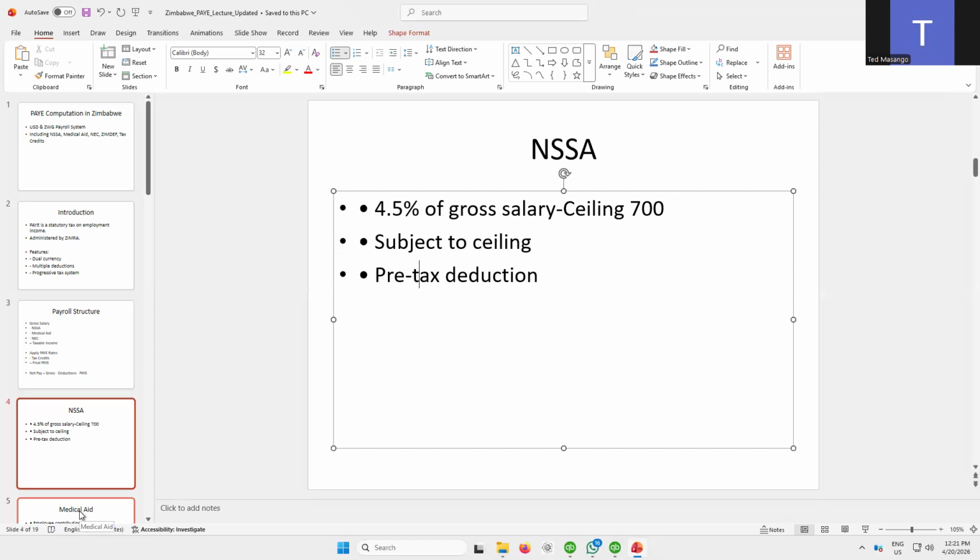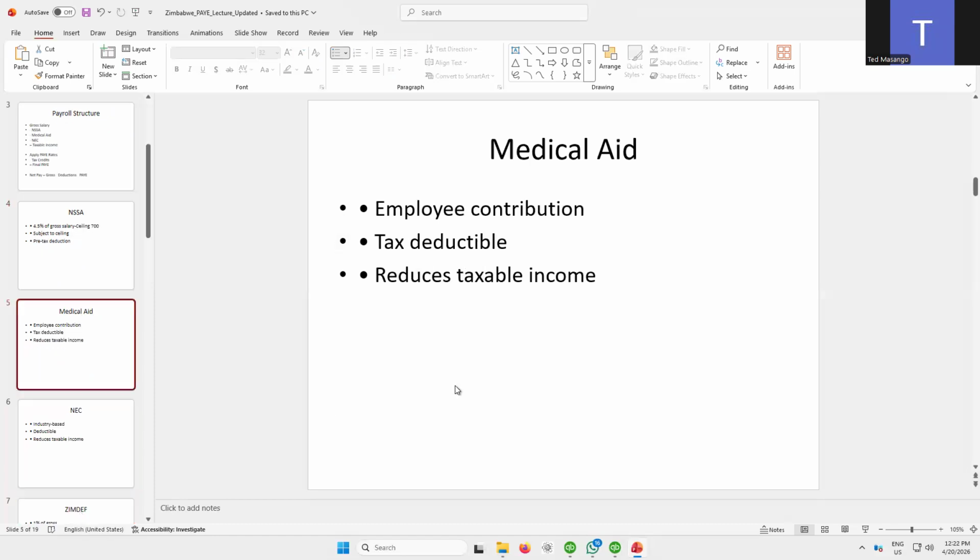Let's go to medical aid, which is the next slide. Now, on medical aid, you are deducting the employee contribution. Normally companies pay 50%, then the employee pays the other 50%. That 50%, you deduct it before you calculate your tax or your Pay As You Earn. Right? It reduces the taxable income.